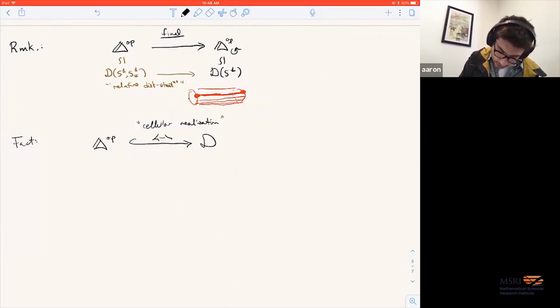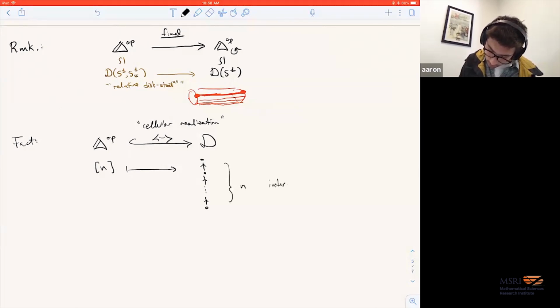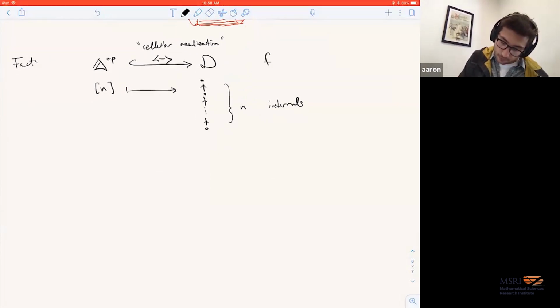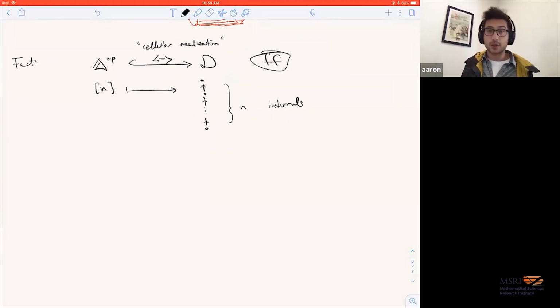And that just takes brackets n to a picture like this with n intervals. And this is fully faithful. So in the one-dimensional case, that's easy, but it's much subtler in higher dimensions.